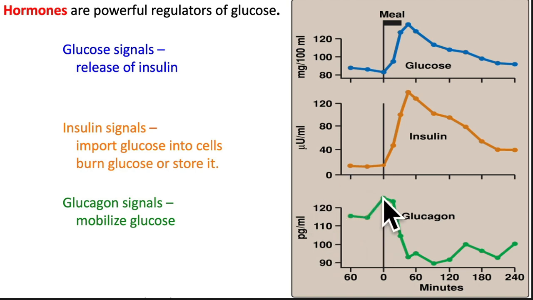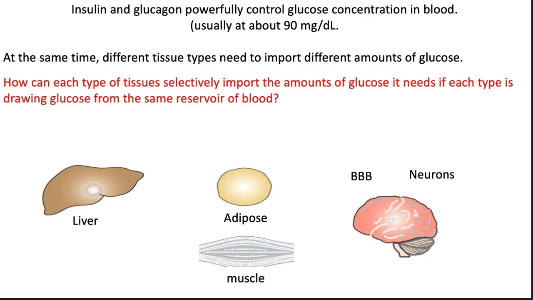But then as you eat, that glucagon concentration plummets as the sugar concentration goes up. But again, insulin and glucagon are important for maintaining the homeostasis of blood sugar, but at a given blood sugar concentration, it is the transporters that are different between the liver, adipose and muscle, and the brain that matter.